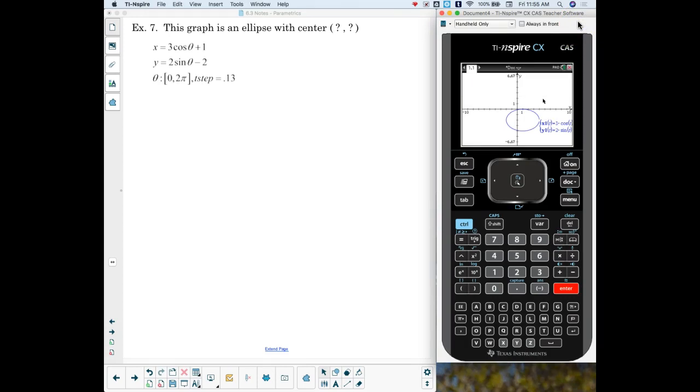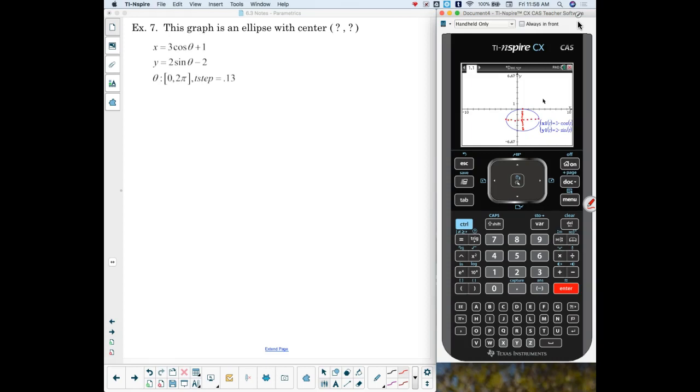From our conic section unit, the center of an ellipse is at the intersection of the minor axis and the major axis.